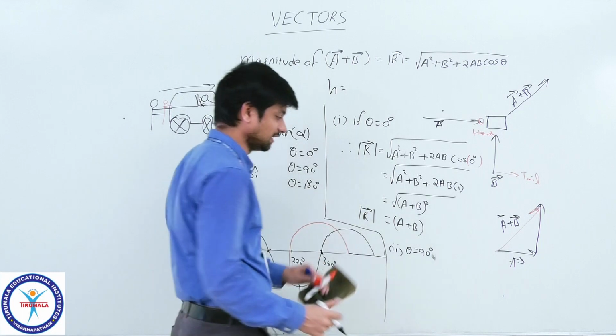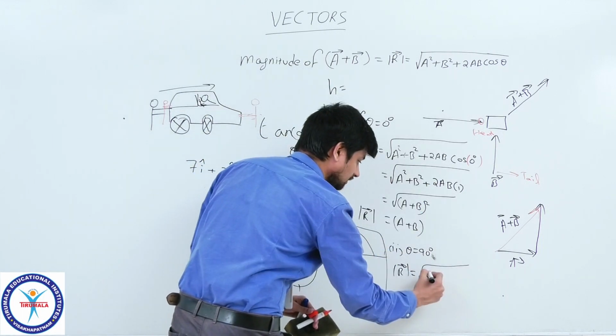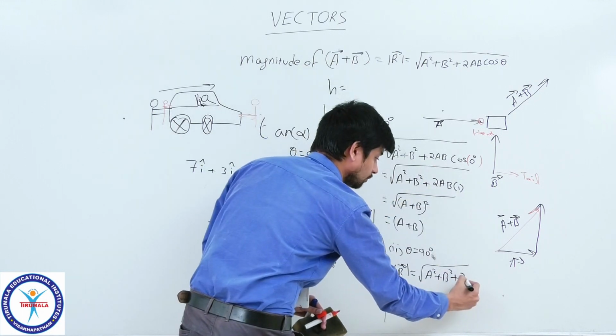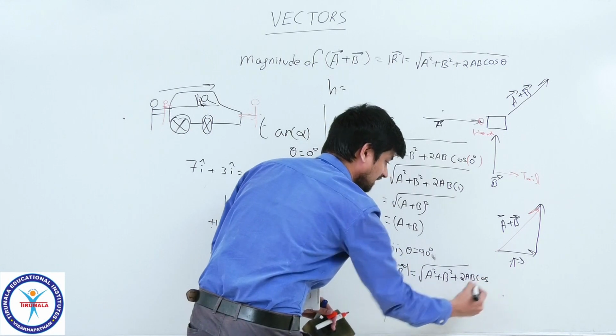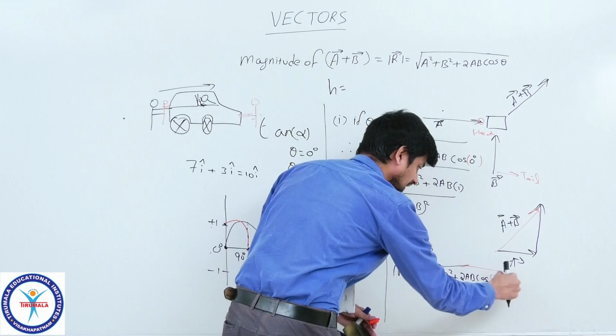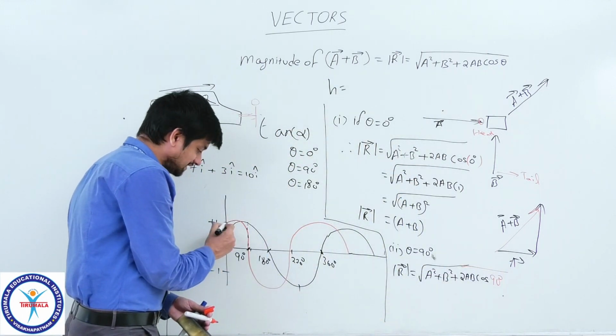So, theta value 90. So, apply the formula, children. Modulus r equals root of a square plus b square plus 2ab cos 90. Cos 0 is 1. Cos 90, see, children.